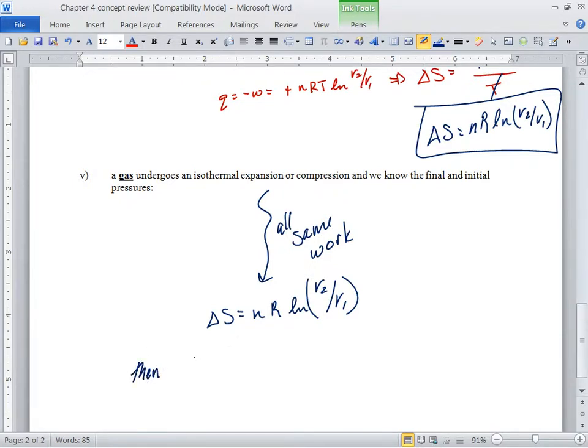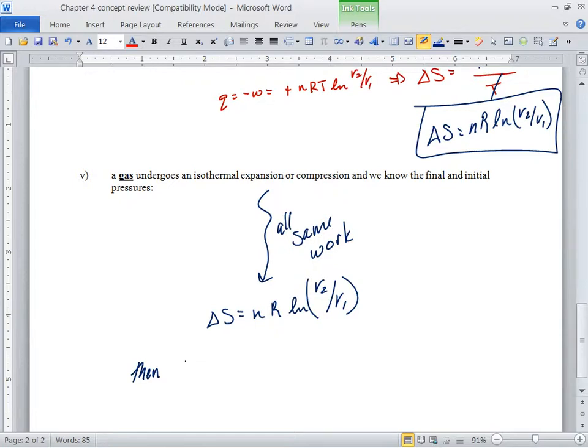It's going to be P2 over P1, right? Because you've got V2 on top originally. Melissa's right, because you've got to have V2 on top.